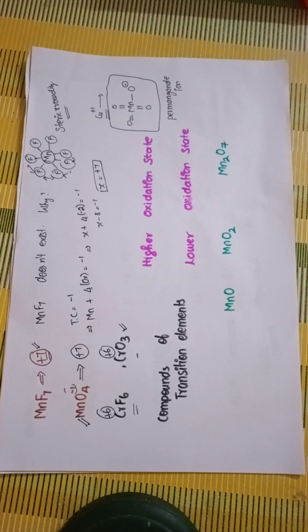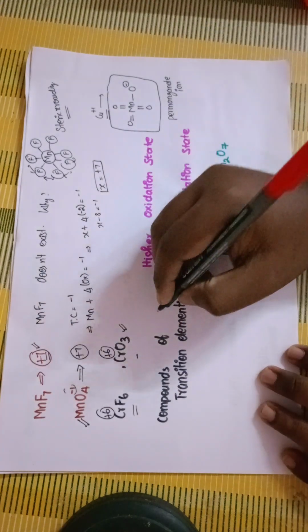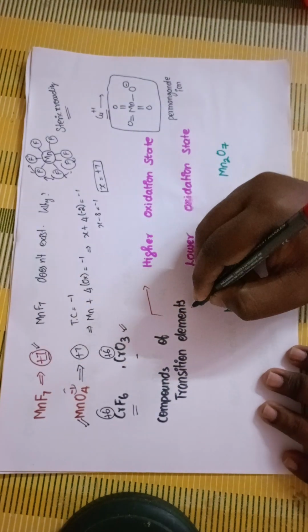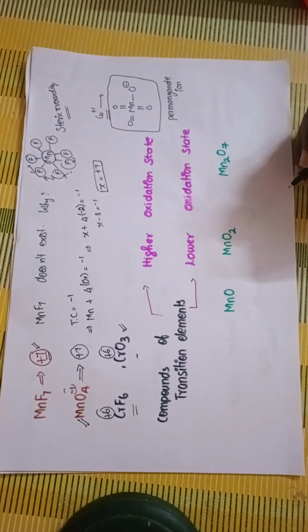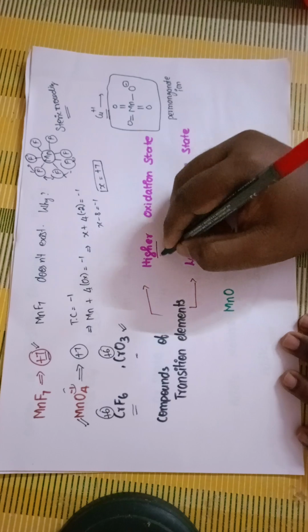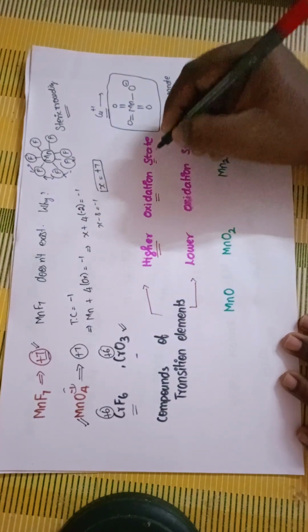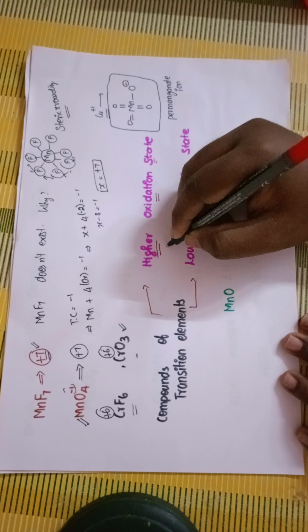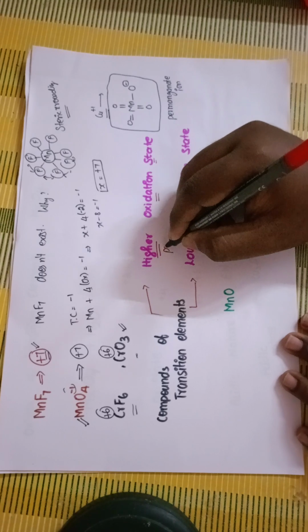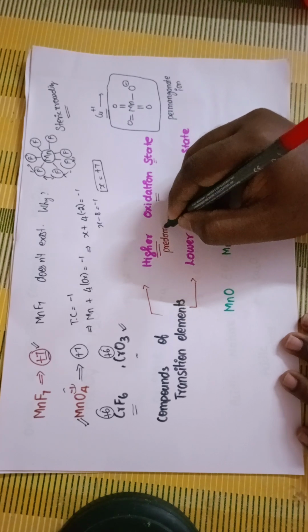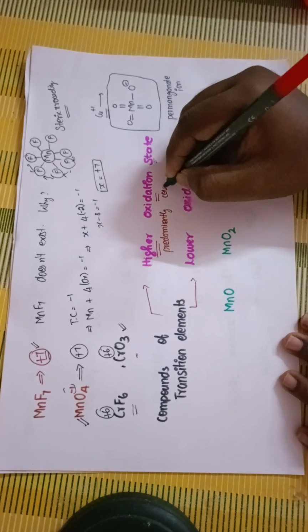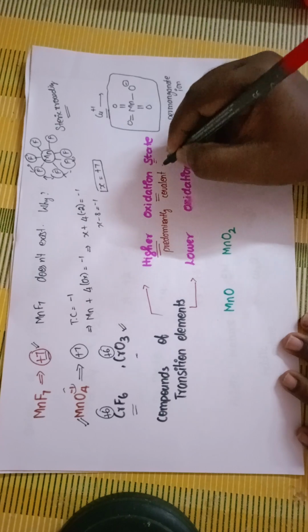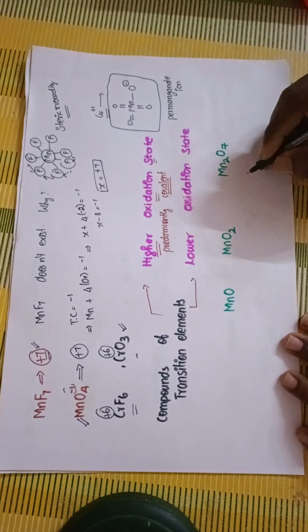Next, compounds of transition metals. We will compare with the help of oxidation state. We can say which nature is predominant in the compound. If the metal ion exhibits a higher oxidation state, then the compound will be predominantly covalent. Covalent nature will be more. This is according to Fajan's rule, an 11th standard concept.